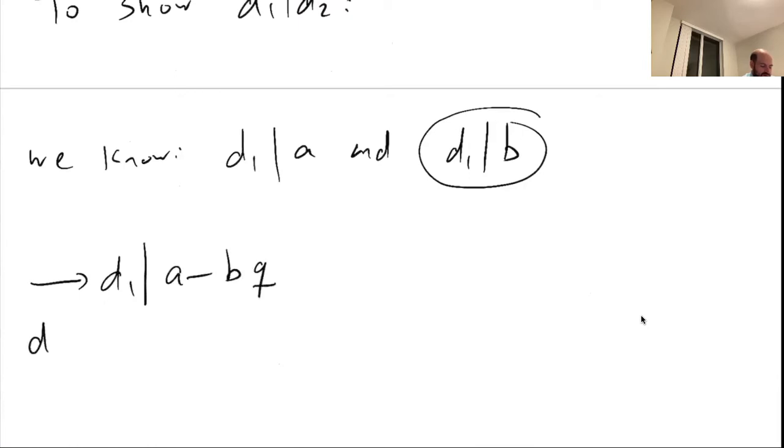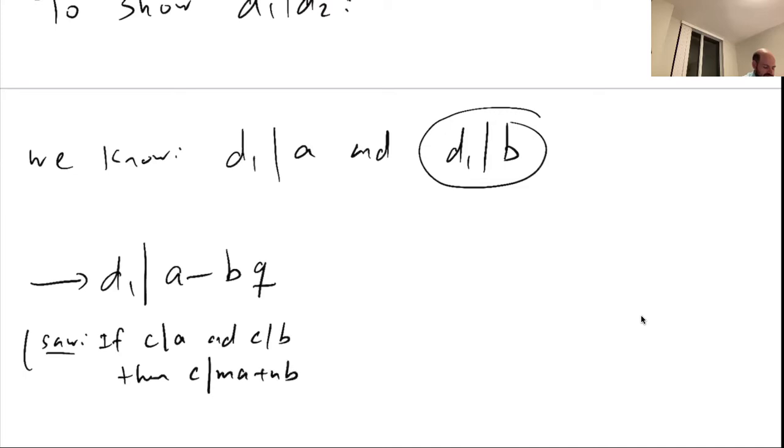Why? Because if D1 divides A and D1 divides B, then, so this was a property we saw before, right? We saw that if, let's say, C divides A and C divides B, then C divides MA plus NB. So D1 divides A minus BQ, and A minus BQ is R. D1 divides R.